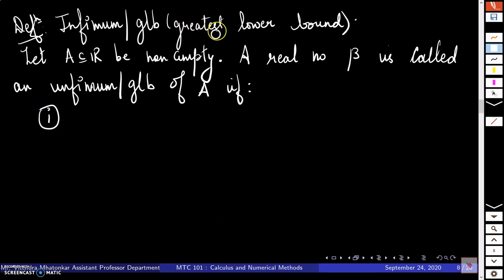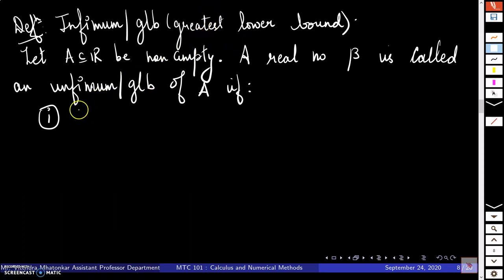From the name itself you can guess the two conditions. I want it to be a greatest lower bound, so it has to be a lower bound first, right? It has to be a lower bound first, and it has to be greater than all the other lower bounds, then only it will be the greatest lower bound. So from the name itself it's clear what it should be.